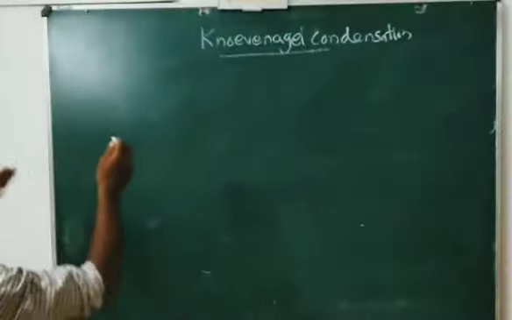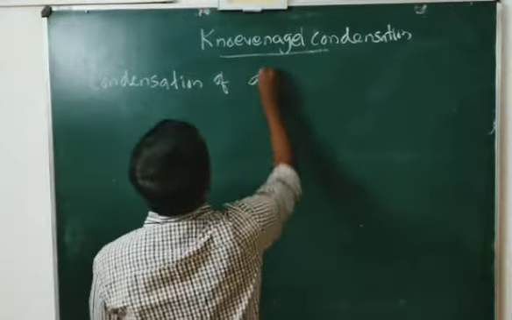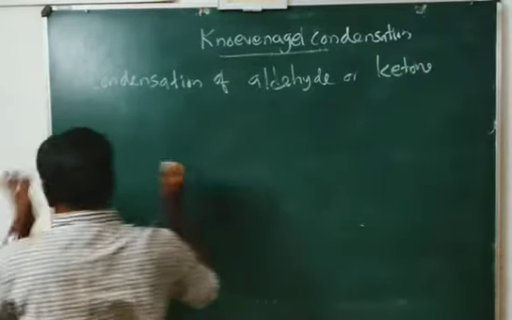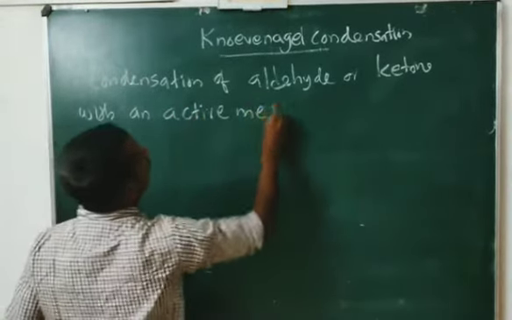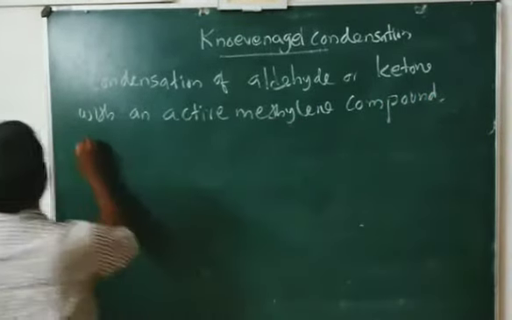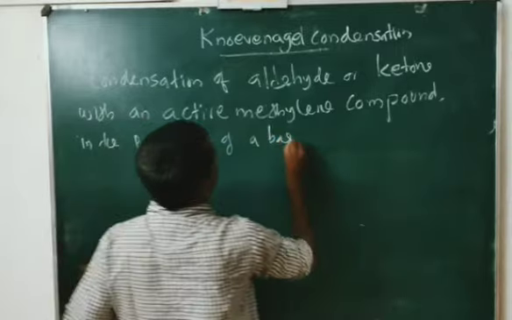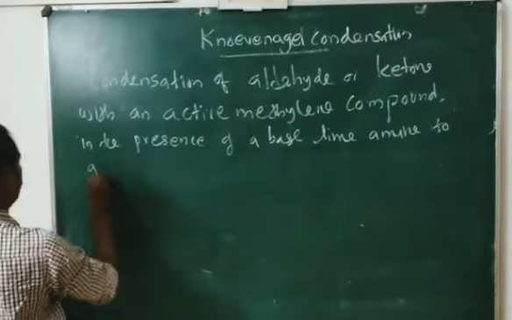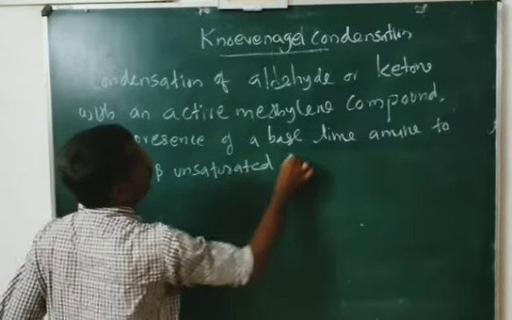So what is that Knoevenagel condensation? It is the condensation of aldehyde or ketone with an active methylene compound, in the presence of a base like amine, to give alpha beta unsaturated compound.